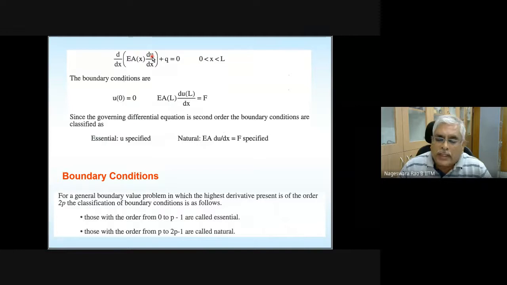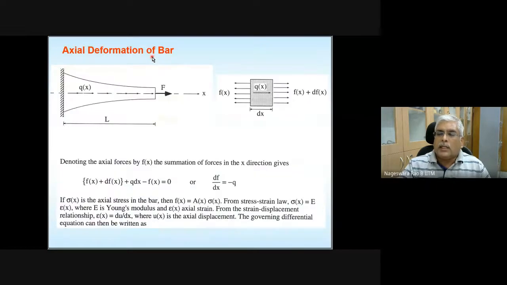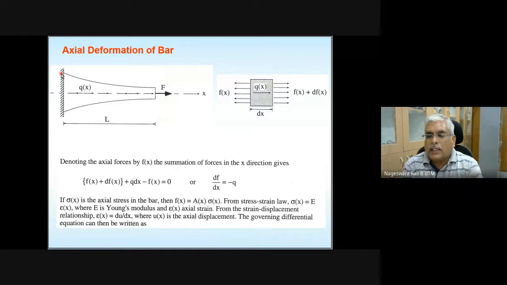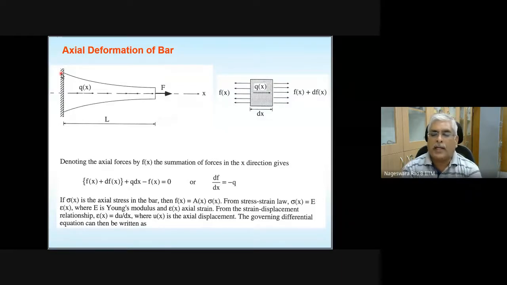So how do we get the two conditions? We need to go back to the physics of the problem. This is what we are trying to solve. One end of the bar is held. So what do you mean by one end of the bar being held? What is the meaning of that? Displacement at that end is going to be zero.